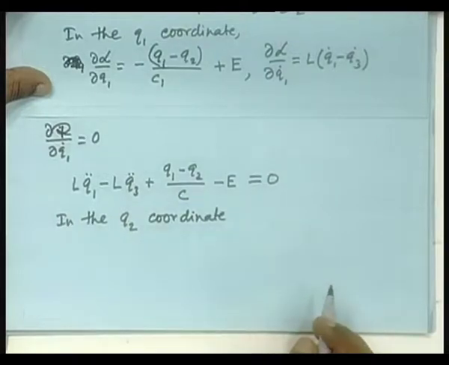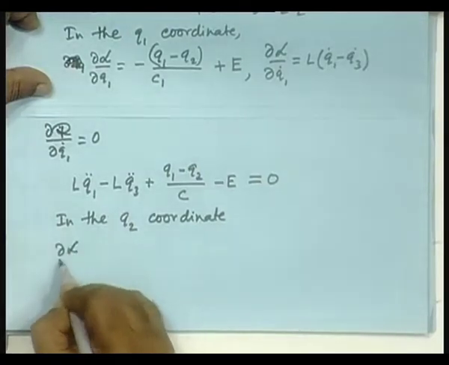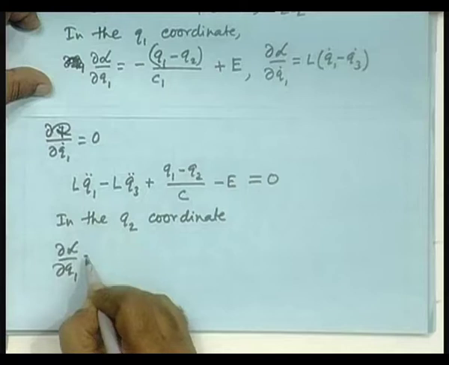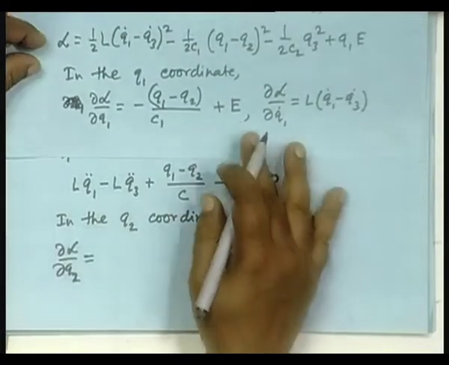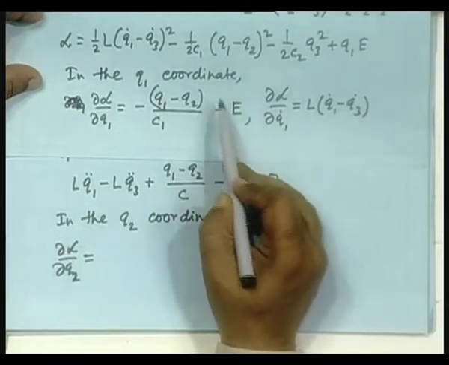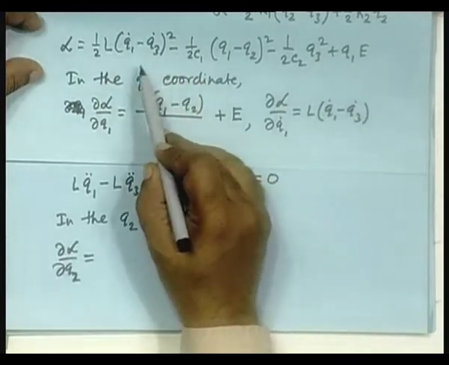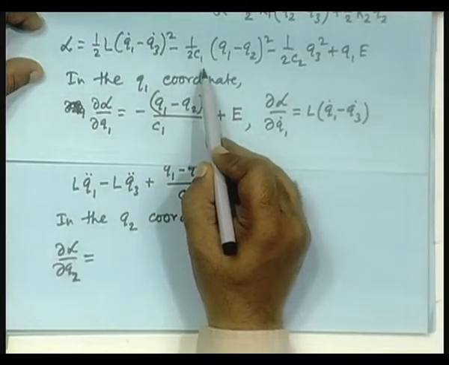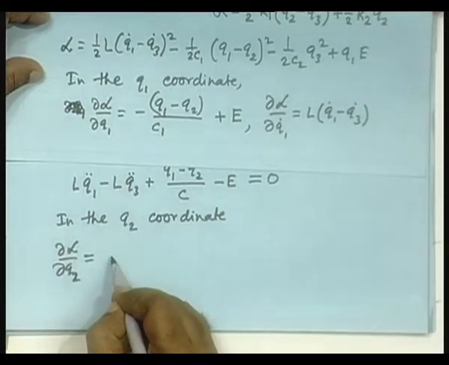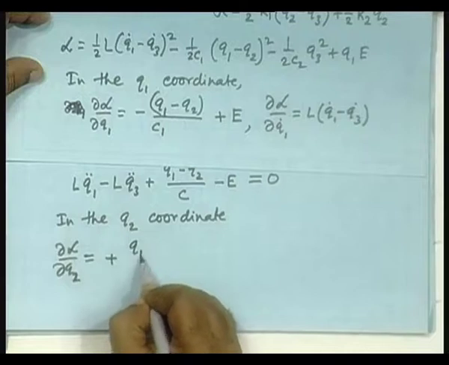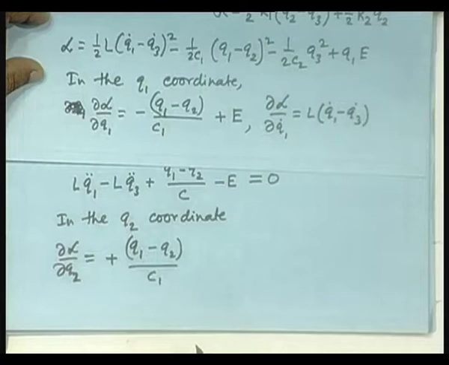In the q2 coordinate, what we have, this one we are differentiating with respect to q2. So you have plus, and nothing.